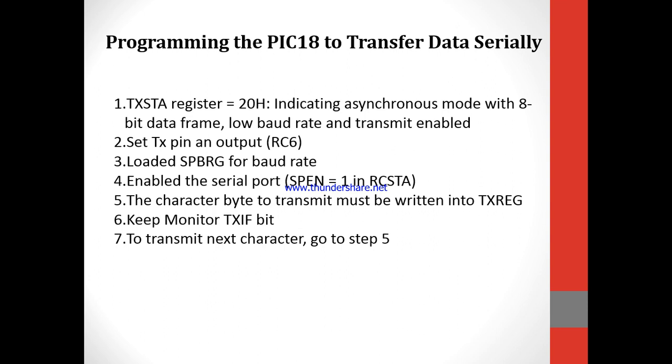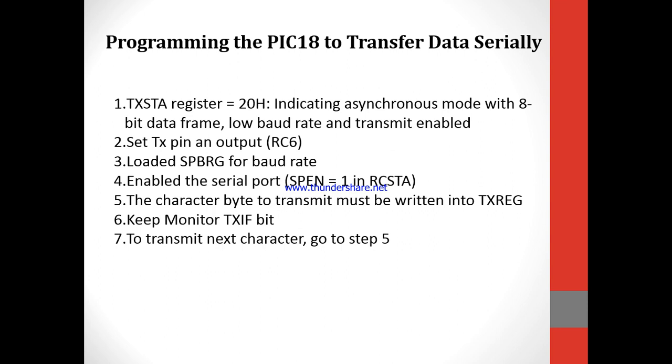After you put the value in the TXREG, you have to keep monitoring the TXIF bit. Till your TXIF bit becomes 1, we won't get confirmation of the transmission. To transmit the next byte, you have to go back to step number 5. This is how we transmit the data.